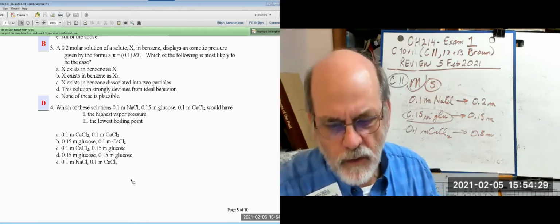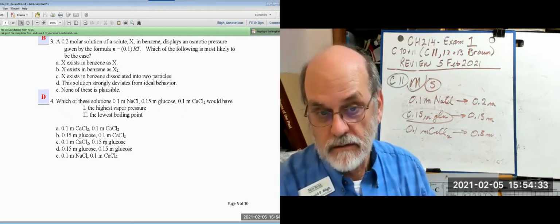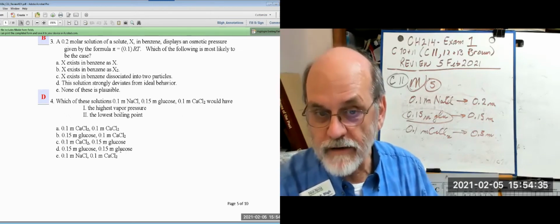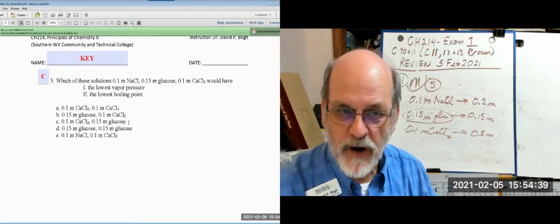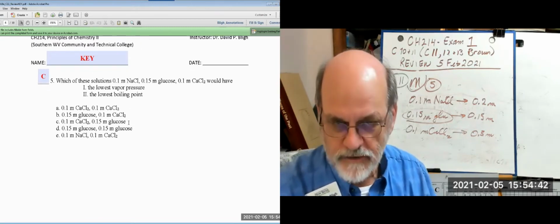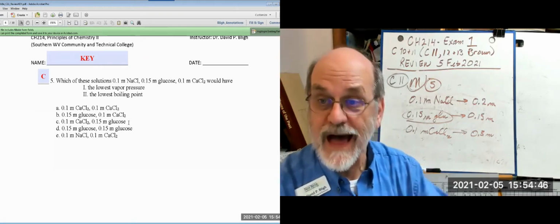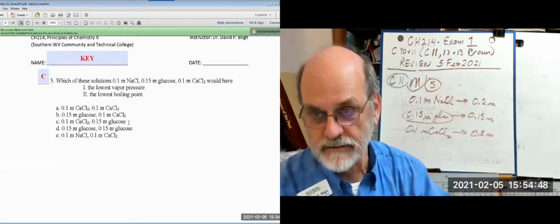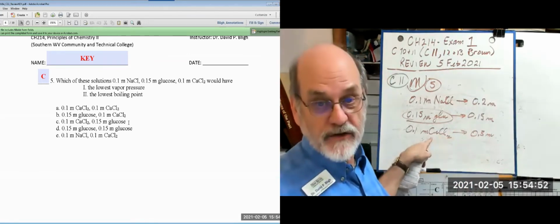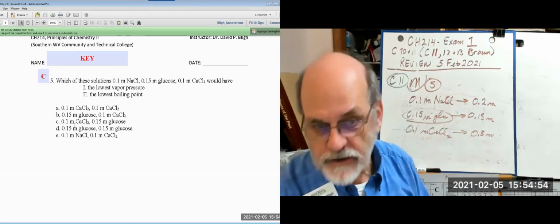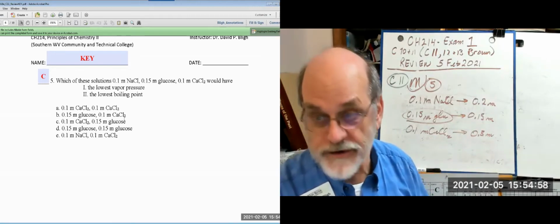Lowest boiling point will be the same, it'll be 0.15 molal glucose. But instead of the highest vapor pressure, 5 says the lowest vapor pressure. So the lowest vapor pressure is the one with the highest concentration of particles, and the highest concentration of particles is calcium chloride. So the calcium chloride is the first one, and glucose is still the second one.